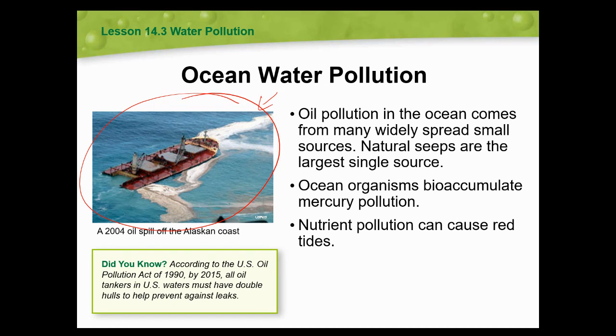The other thing we can have is nutrient pollution causing red tides. That same nutrient pollution that causes eutrophication can actually cause blooms in dinoflagellates, which are these red algae that will also produce a toxin. The red tide is this conglomeration of dinoflagellates, and some of these will produce a toxin that can actually kill fish.